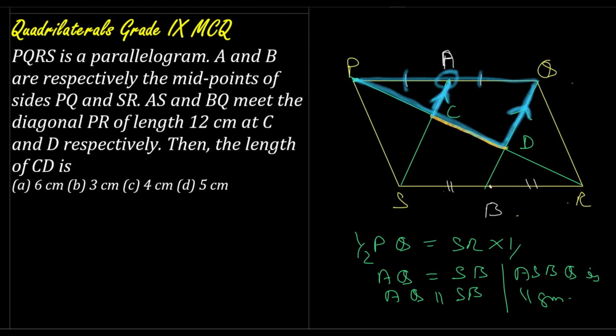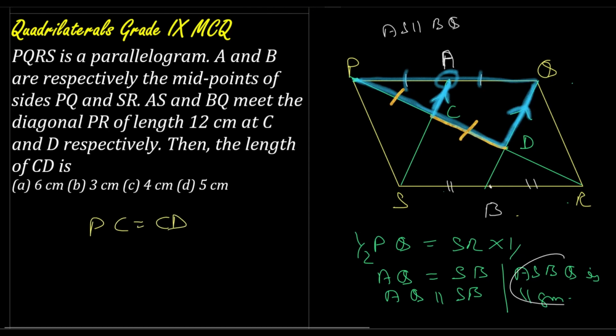Reason, parts of parallel lines, because we have proved this a parallelogram, so AS is parallel to BQ. So by converse of midpoint, C will be the midpoint of PD. So I can say that PC is equal to CD. What we have obtained, PC is equal to CD, and the reason is converse of midpoint.